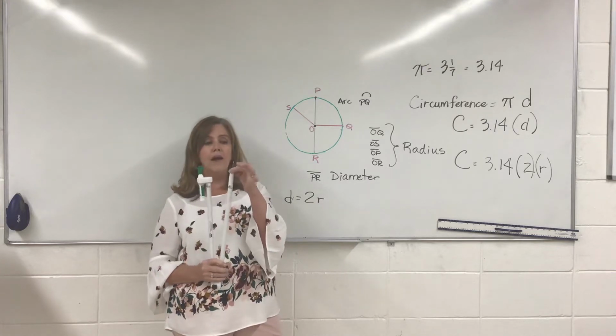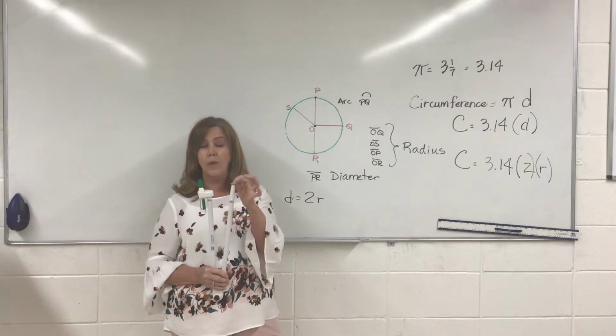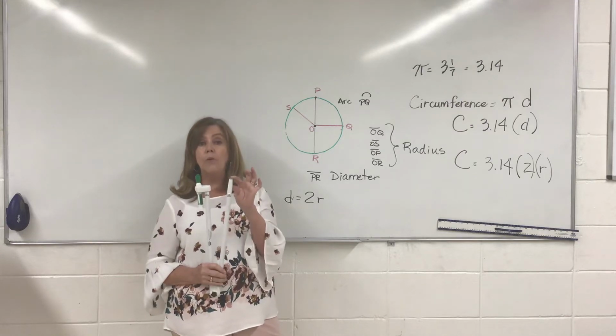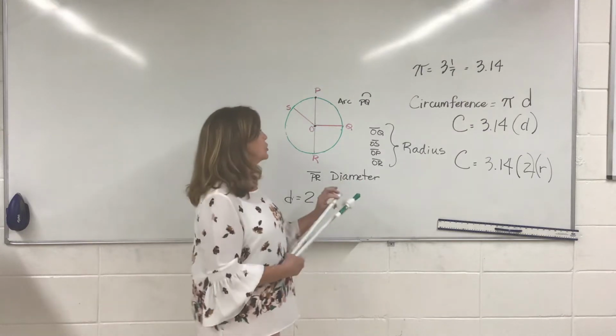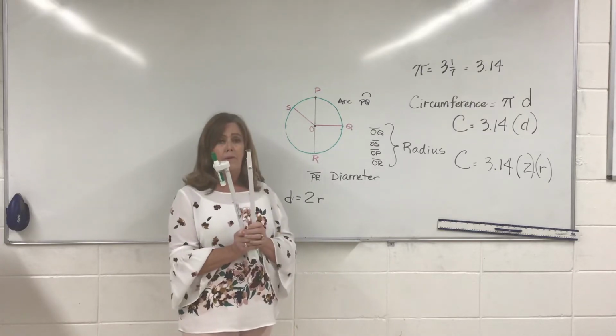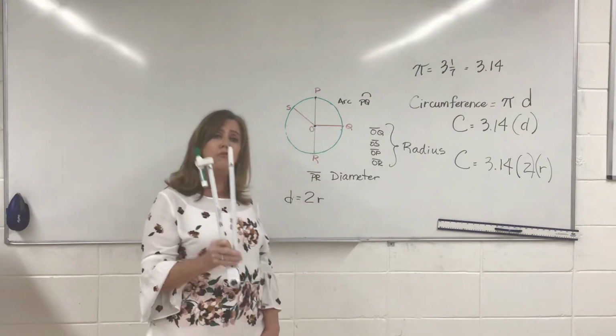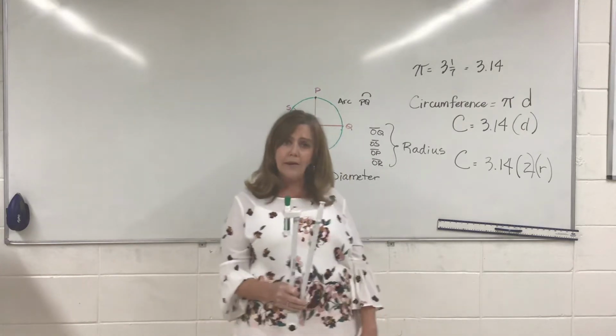Mine has a little suction thing for my board, but yours has a really sharp point. That is where the center point of your circle will go. It doesn't work with diameter. You can't draw it using diameter. You have to draw using radius.